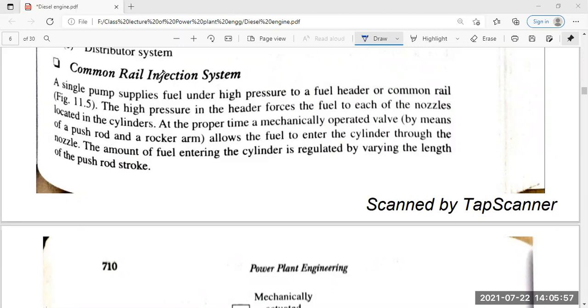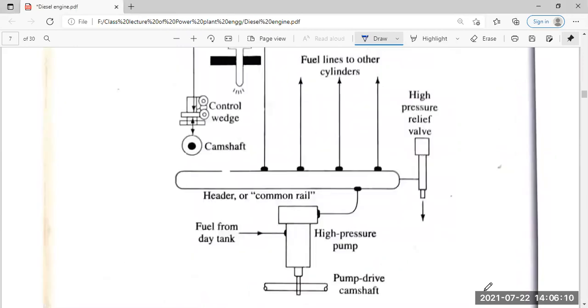Now, the common rail injection system. A single pump supplies fuel under high pressure to a fuel header or common rail, which is given in the following picture.